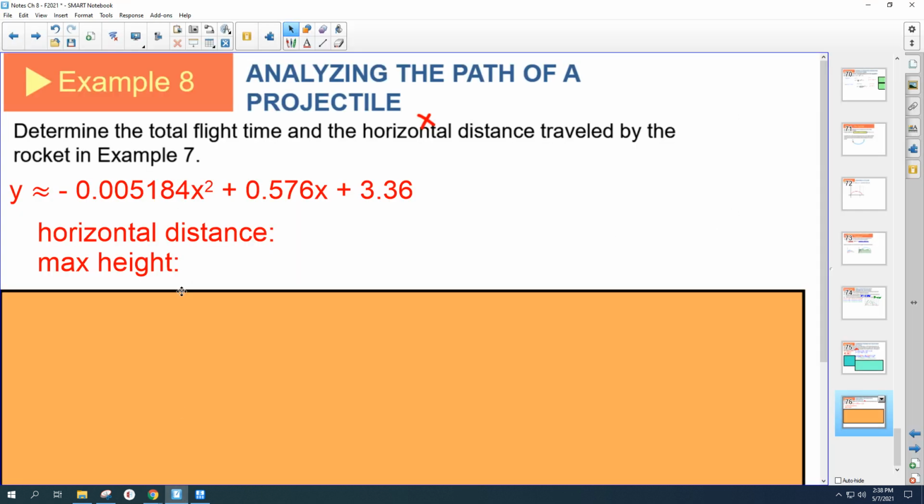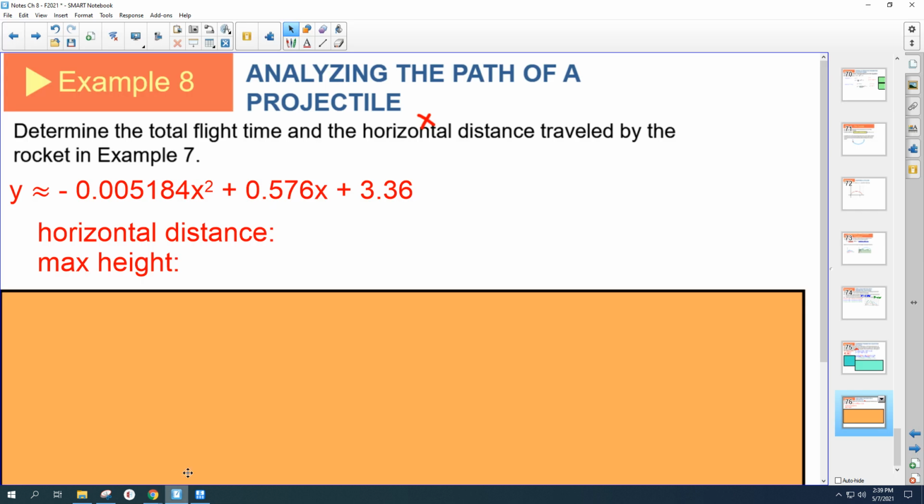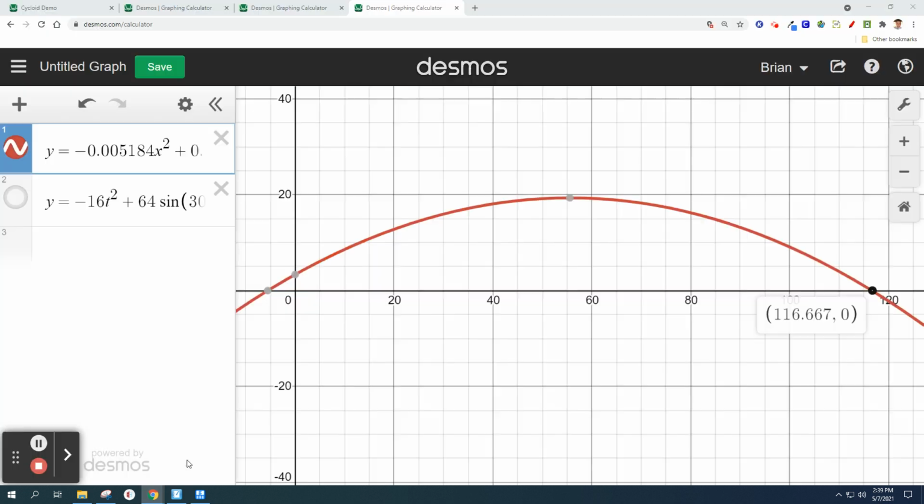And what did the question ask again? Horizontal distance. So how much distance did it cover? When we look at this parabola, that's this point right here. So it's about 116.7 feet. Max height, I know they didn't ask that, but sometimes they'll ask that.